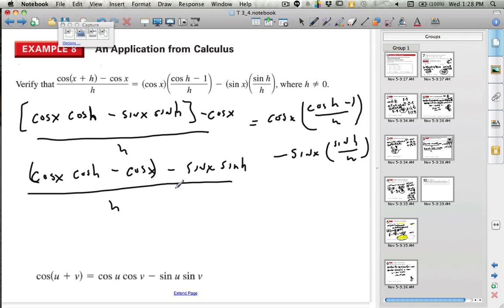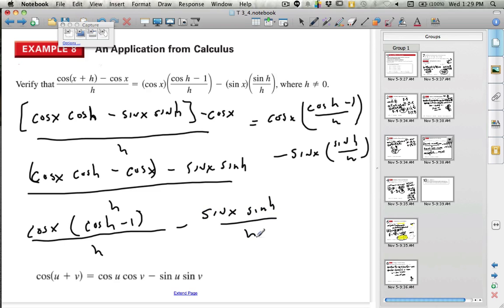So as we go ahead and pull this out, I factor a cosine of x out of here. I'll have cosine of x times cosine of h minus 1 all over h, and I can distribute this division, sine of x times sine of h over h.